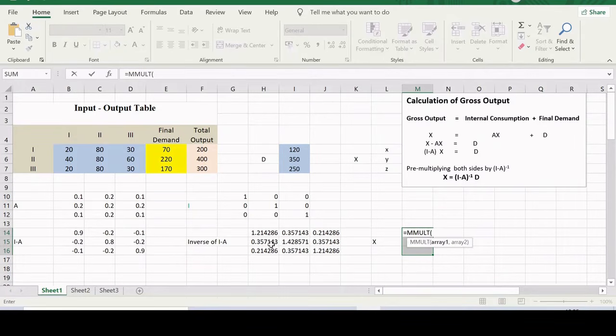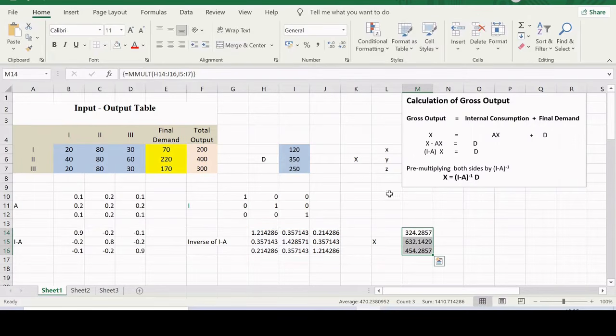Now enter array 1. So here the first array, or first matrix, is the inverse of I minus A, comma, the second array or the second matrix is matrix D. Now close the bracket, and to get the result again press Ctrl Shift and Enter simultaneously.